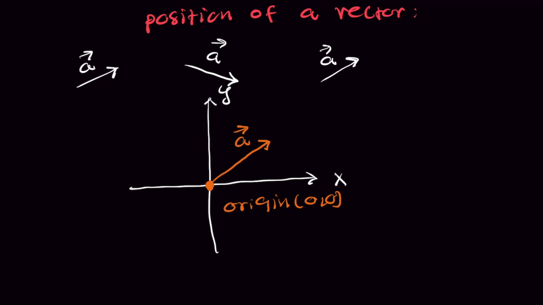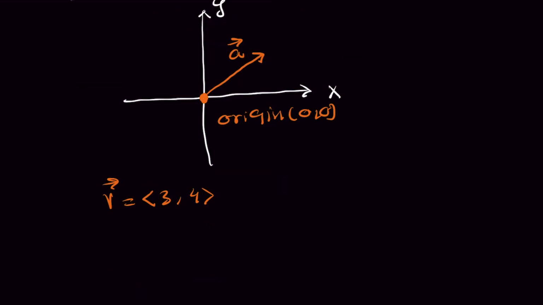For example, if you have a vector v, whose coordinates are 3 and 4. So here we can say that with x-axis and y-axis, this vector v is 3 in the x-axis and 4 units in the y-axis.